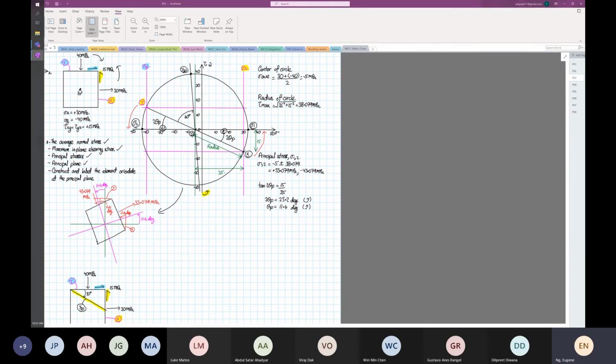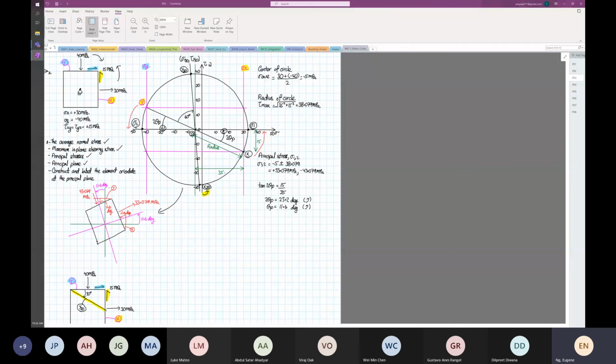At exactly the opposite point, that will be your x30. So now, how to calculate y30? Why do we want to calculate y30? Because over here at y30, there are two values that we want to determine: the normal stress y30 and the shear stress y30.